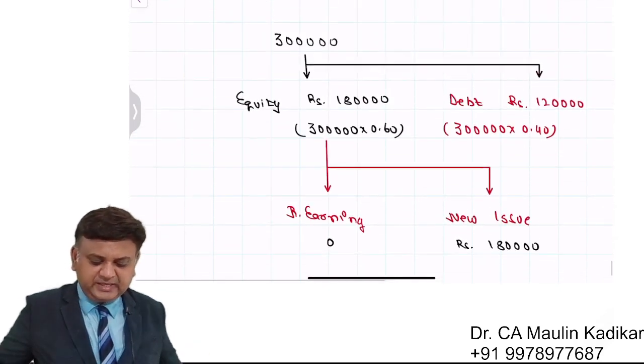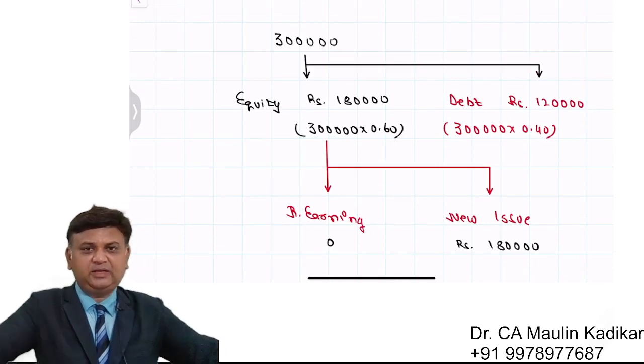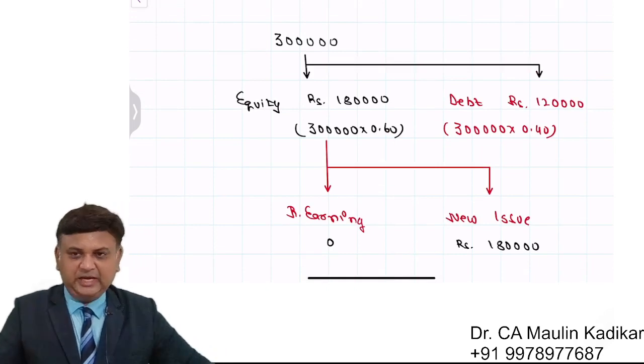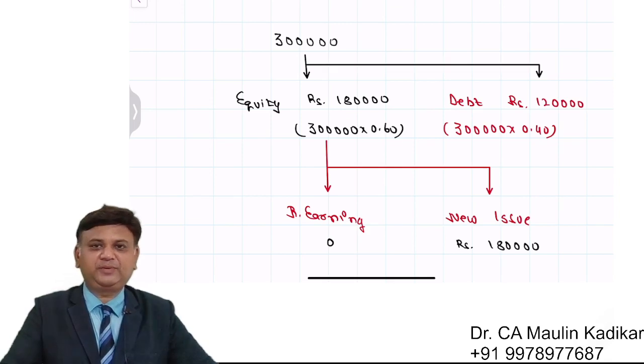This is the way we'll make the calculation of the equity and debt, its proportion, and based on that the weighted average cost of capital.